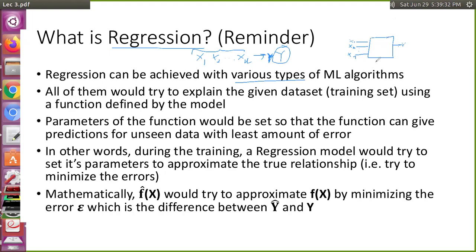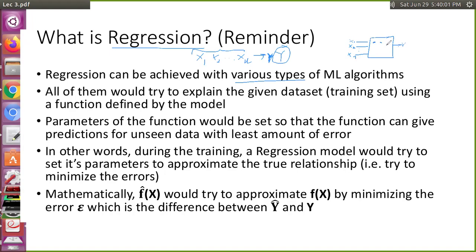How is it kept? In this model, the insight or the intelligence or the relationship between x and y is kept as a set of variables. We call these variables parameters, right?